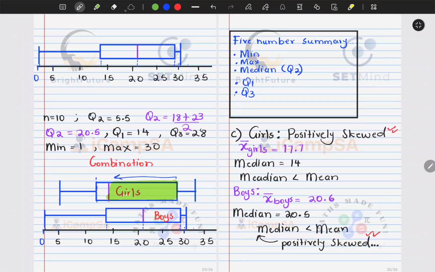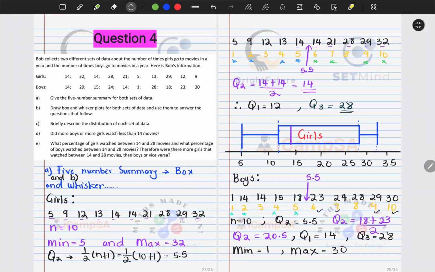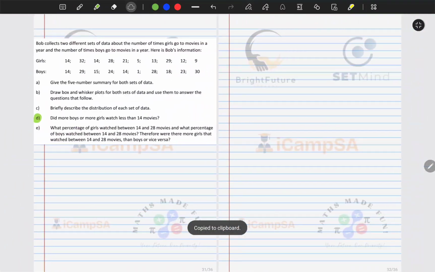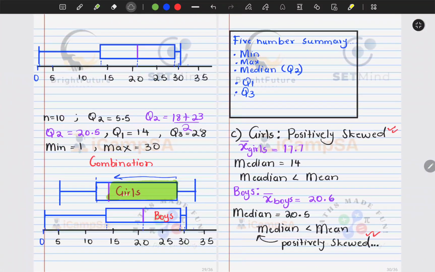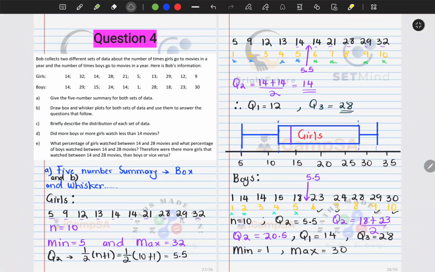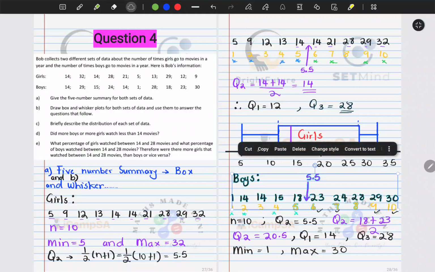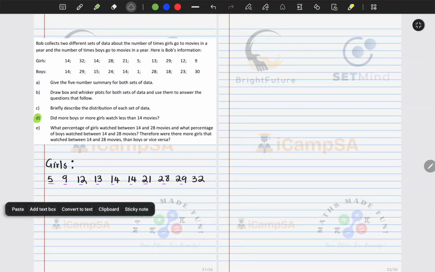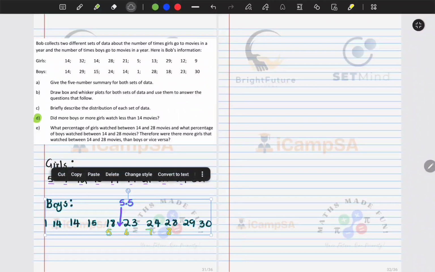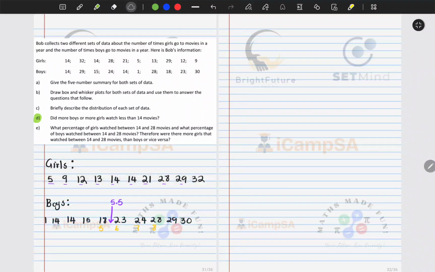So let's go ahead and figure out that from our data. These are girls, so we'll look at 14 and below. Put that there. And let's go and fetch boys. So here's boys here. Okay.